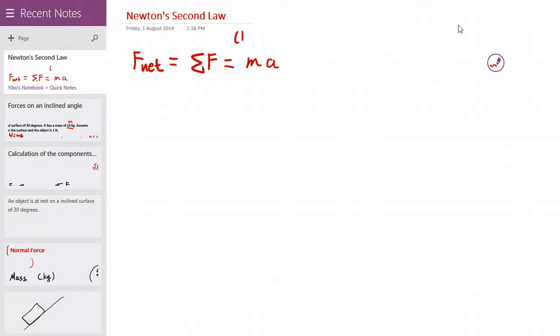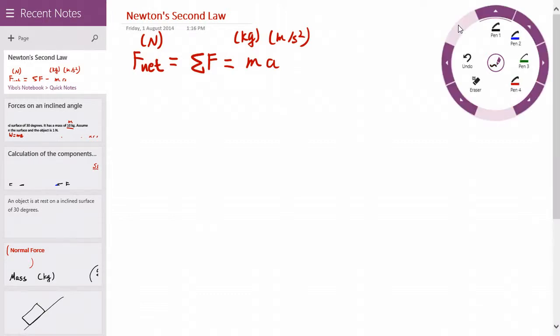The unit of mass is kilogram, the unit of acceleration is meters per second square, and the force is measured in newtons. Now, step 1, copy down this equation. This is your Newton's second law.